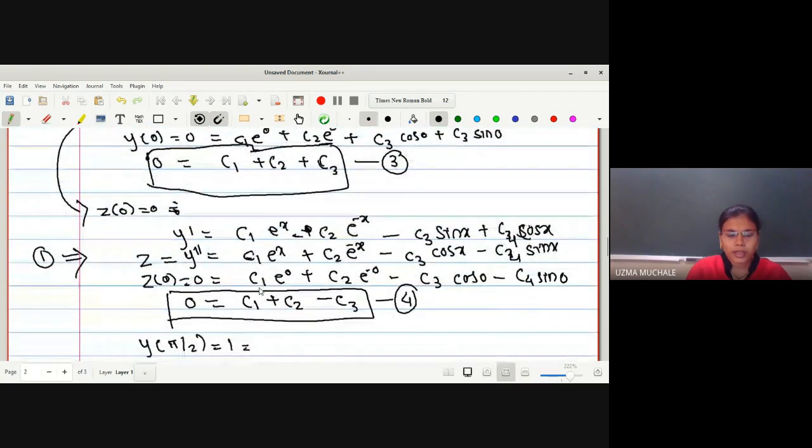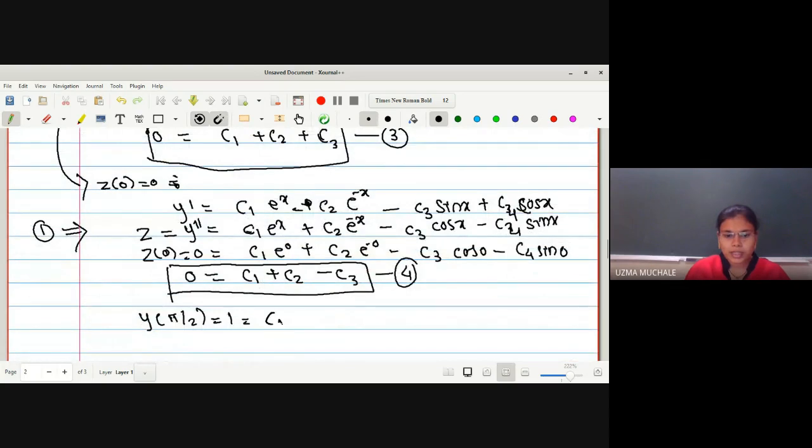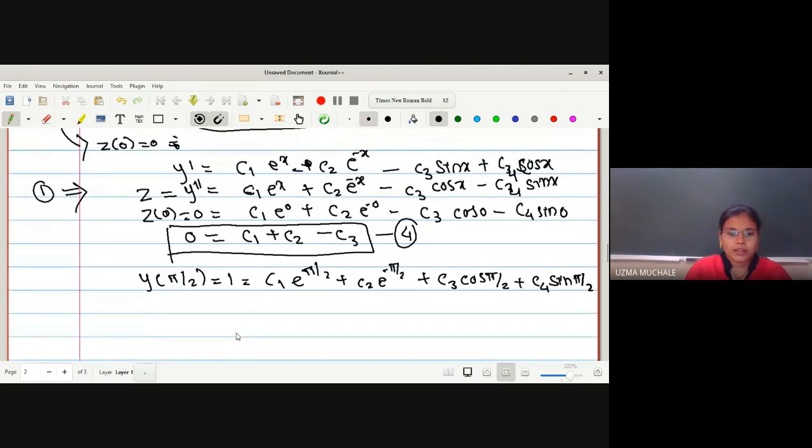Let me write this down as C1 e raised to pi by 2 plus C2 e raised to minus pi by 2 plus C3 cos pi by 2 plus C4 sin pi by 2.